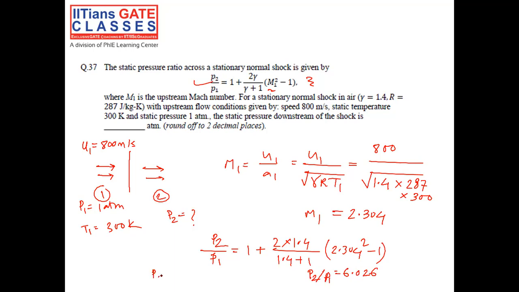So P2 will be nothing but 6.026 into P1, and P1 is 1 atmosphere, hence P2 will be 6.026 atmosphere. This is the answer.